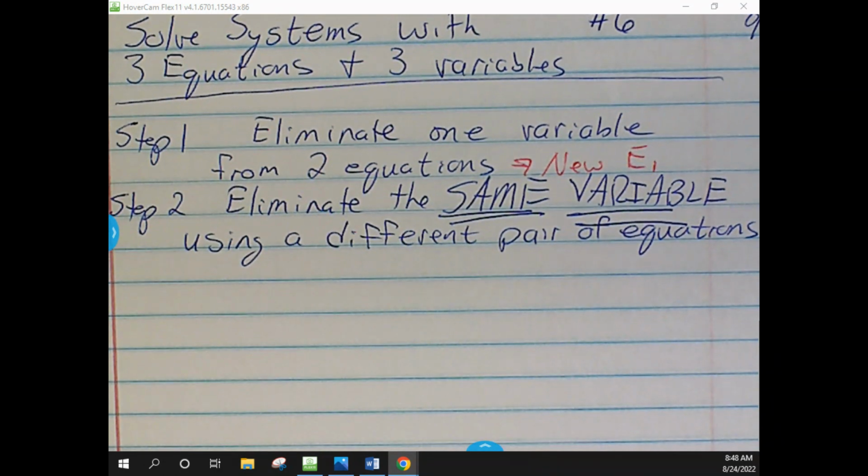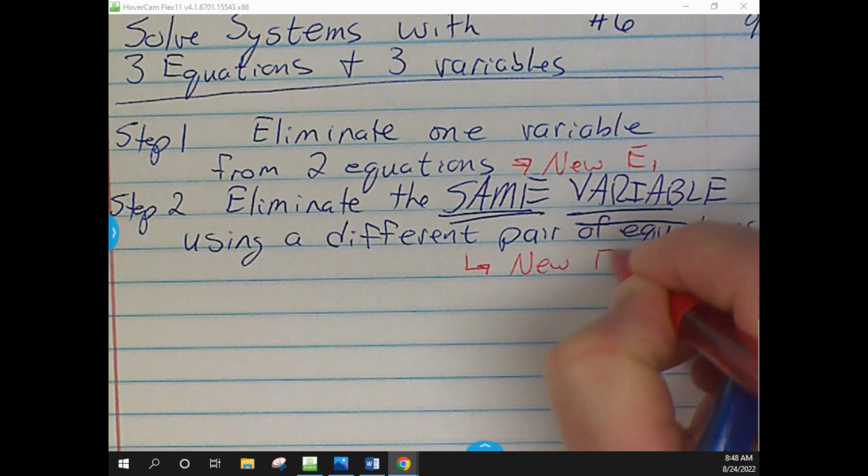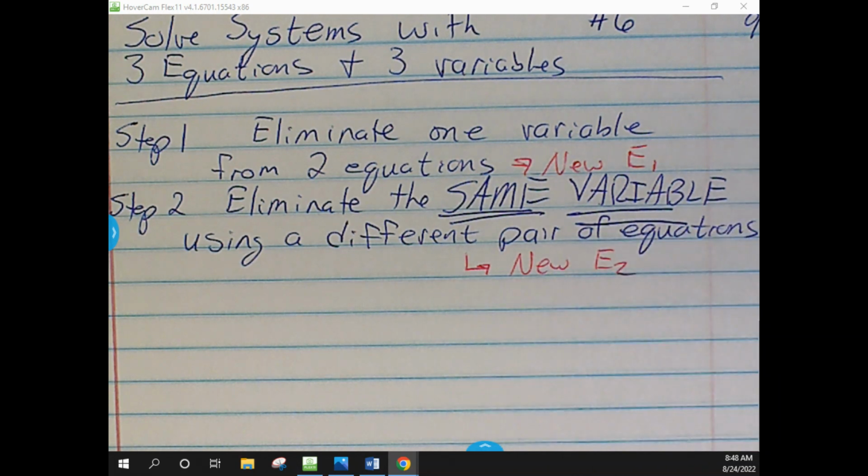Okay, so pick one variable you think is easy to eliminate. Do that in 2 equations. And then you eliminate the same variable with a different pair of equations. And when you do that one, this is your new equation 2. Okay, so in this case, we've got 2 variables here. Now, if we eliminate a variable here, now we've got 2 variables here.